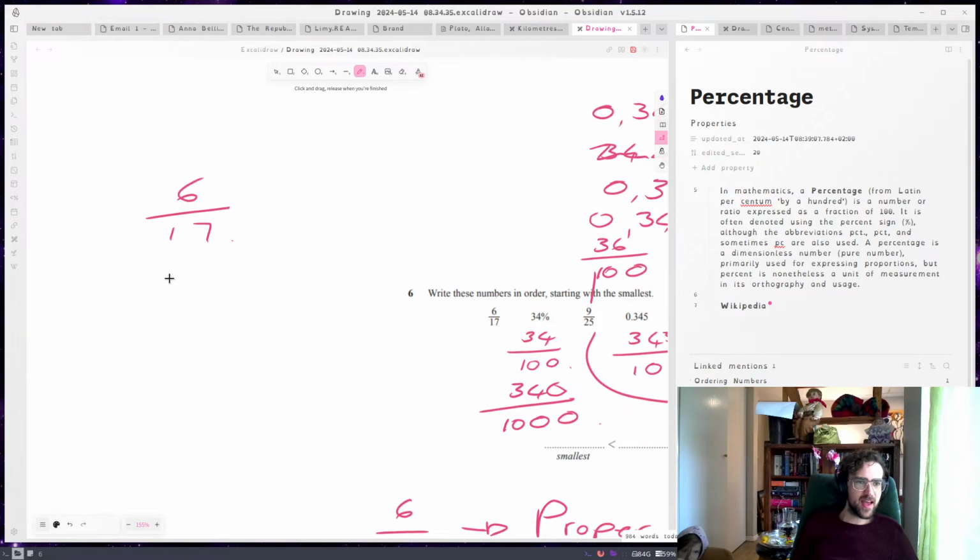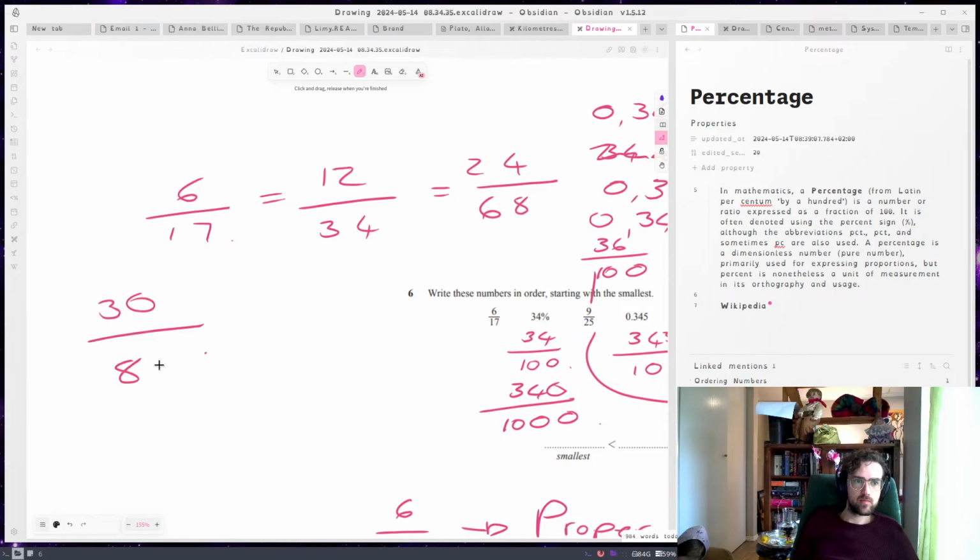So we'll say that can become 12 over 34, right? Or it can be 24 over 68, 30 over 85.